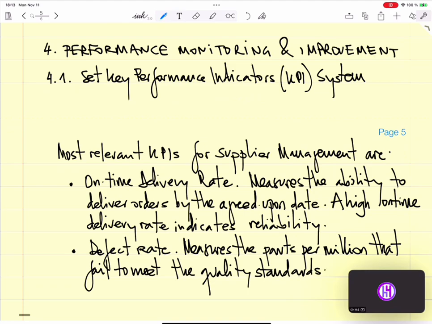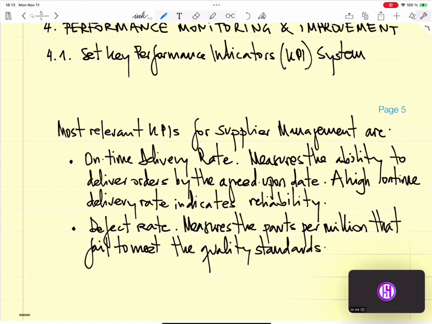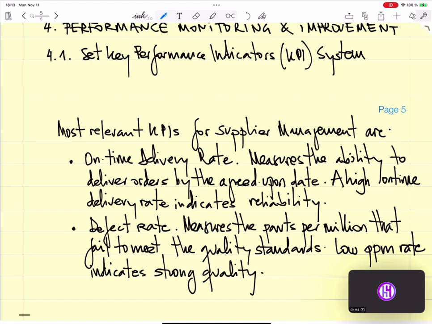Okay, so low defect rate, so low PPM rate, indicates strong quality.